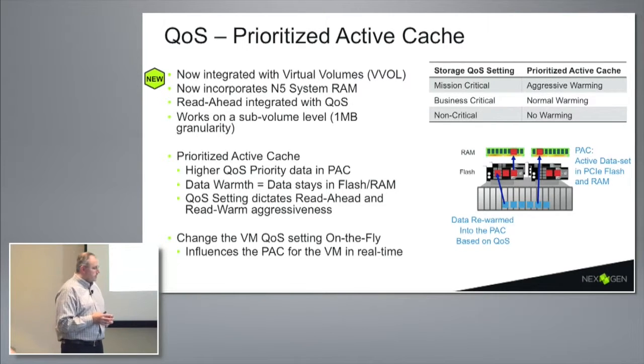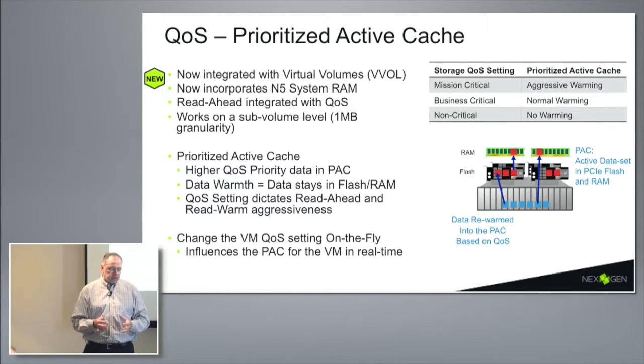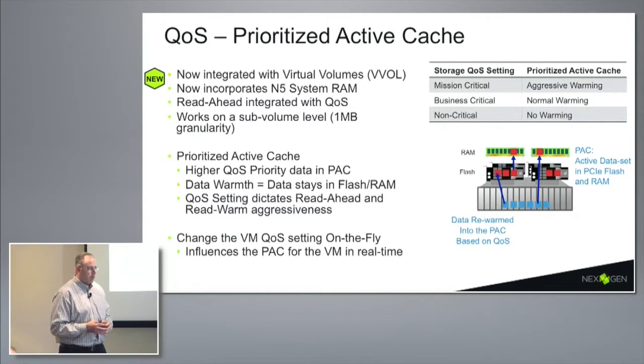The idea is that the active data set is maintained in flash for your higher priority volumes or virtual volumes based on those QoS settings. So a mission critical QoS volume will have the most aggressive warming policy for that active cache, versus business critical would have more normal. And then if it's non-critical, there's no prioritization of data being warmed back into cache.